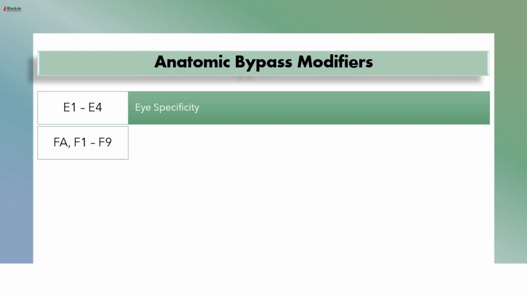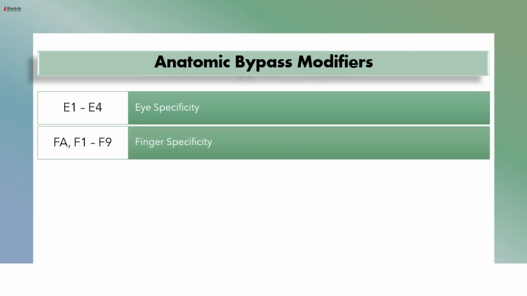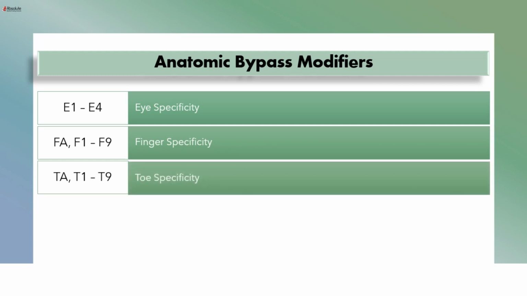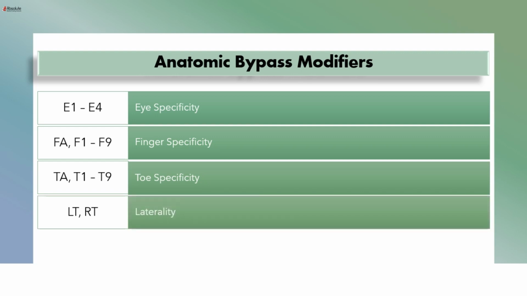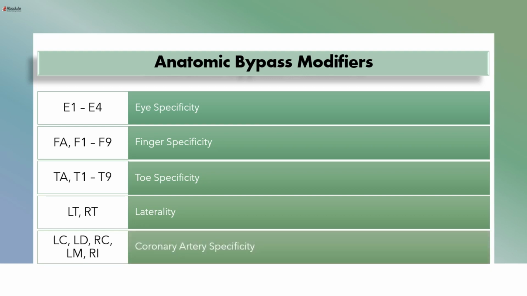We have FA and F1 through F9 for finger specificity, TA and T1 through T9 for the toe specificity. We have laterality, LT and RT, indicating left and right side. And then we have the coronary artery specificity, LC, LD, RC, LM, and RI.